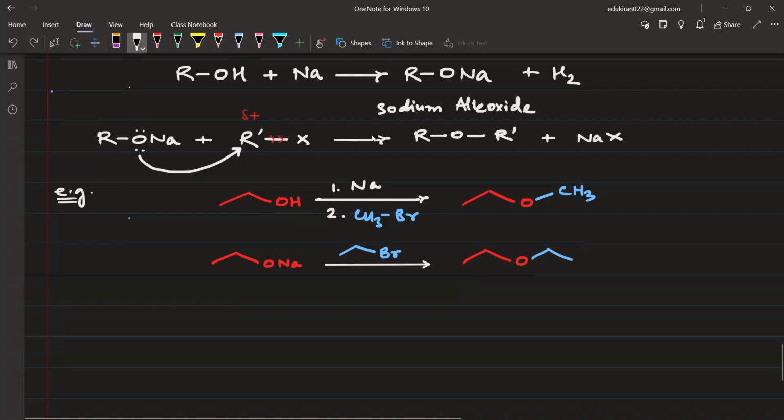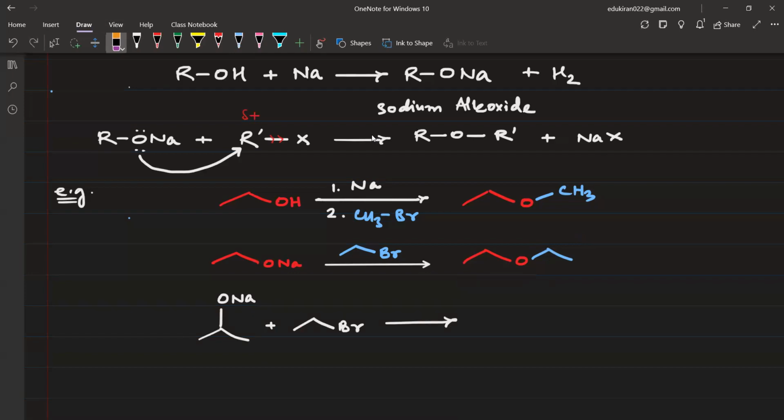Please write another example. ONa plus two carbon atoms Br. Now what will happen? See, till oxygen it will be the same. Till oxygen, it will be the same. And then here you have two carbon atoms, one carbon atom like this, second carbon atom like this. Or you can write it like this, OC2H5.